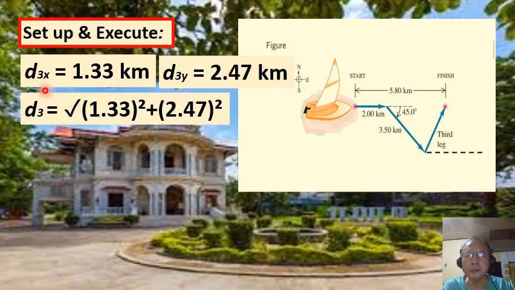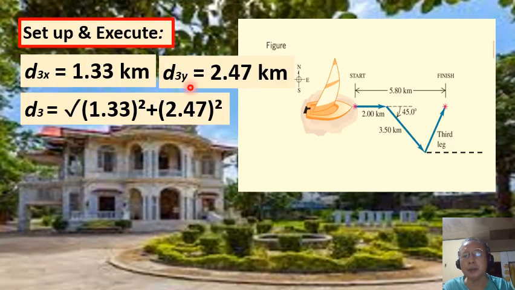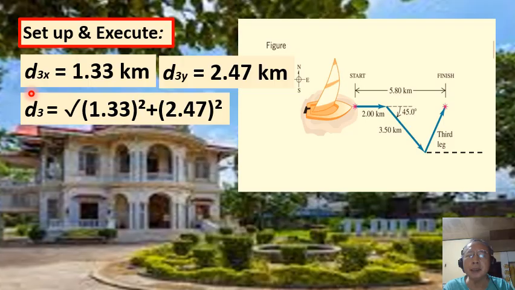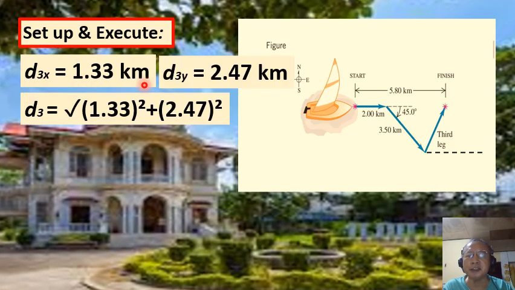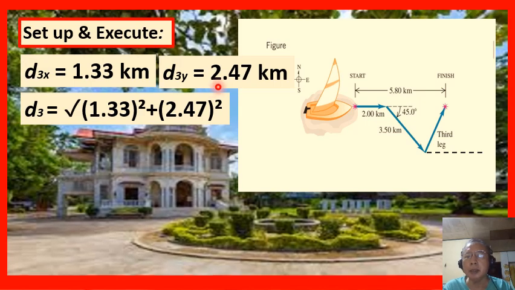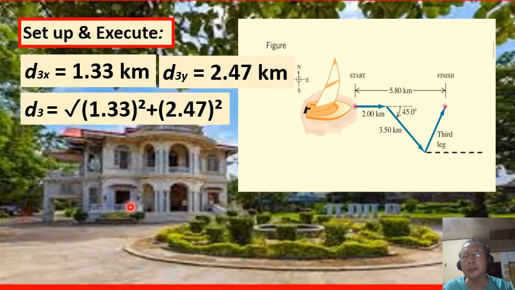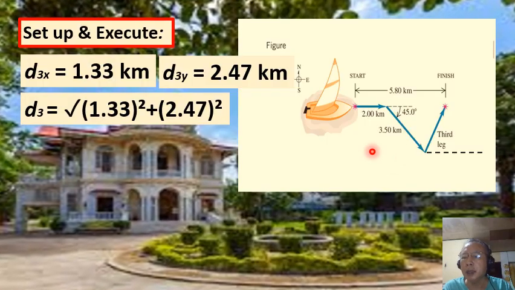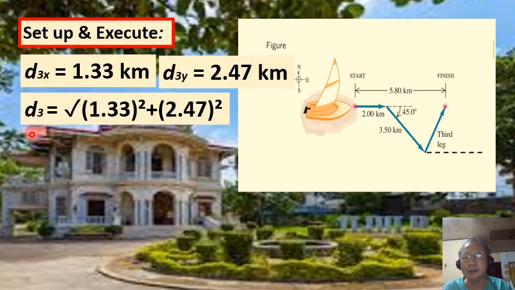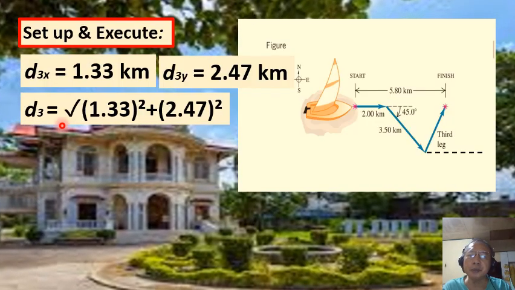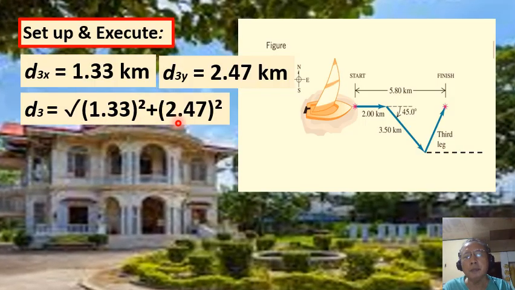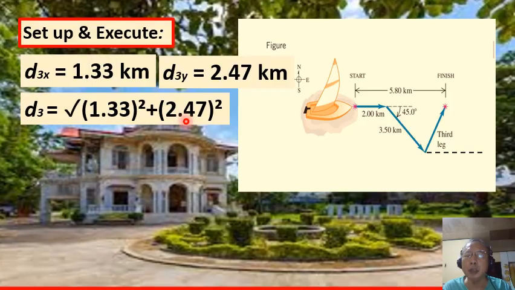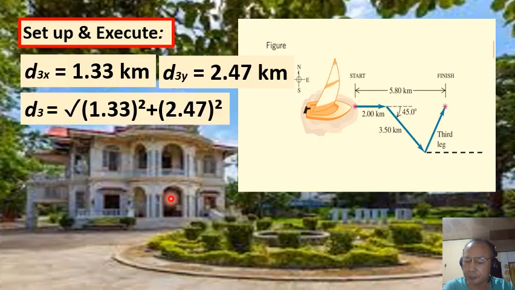Since we already have the values of the x and y components of d3, d sub 3x equal to 1.33 kilometers, while d sub 3y equal to 2.47 kilometers, we can now use the Pythagorean formula to determine the magnitude of the displacement in the third leg. So d sub 3 is just equal to the square root of the sum of the squares of 1.33 kilometers and 2.47 kilometers.